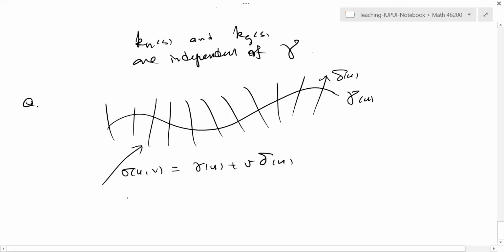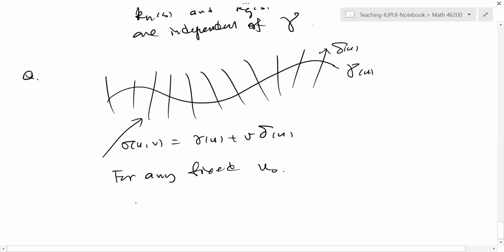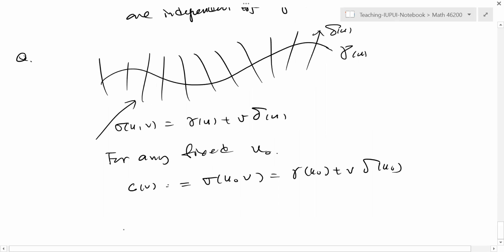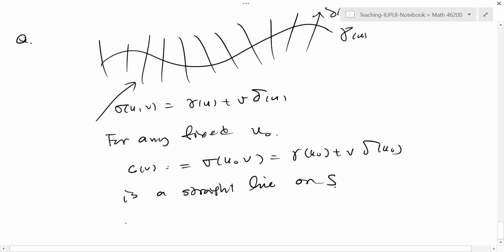For any fixed u, the curve C in v, defined as sigma(u,v), is a straight line, so it is a geodesic.